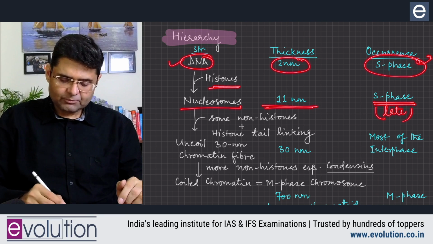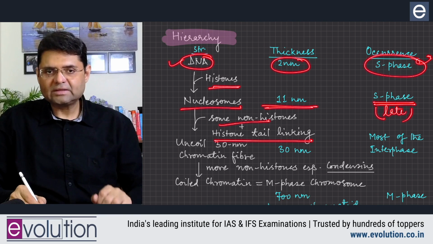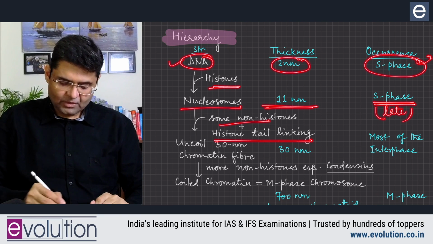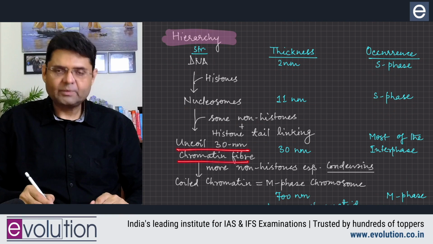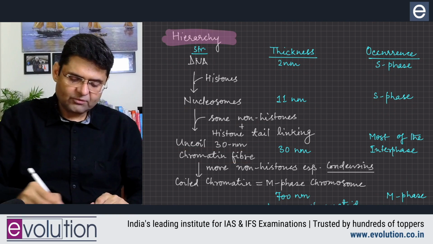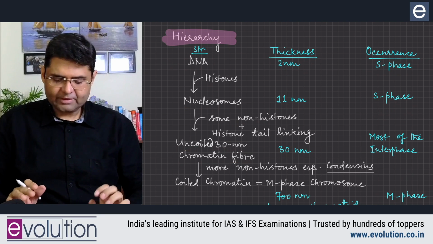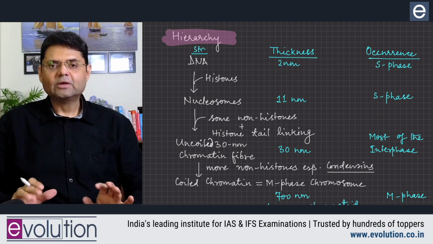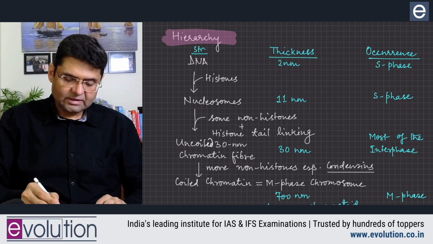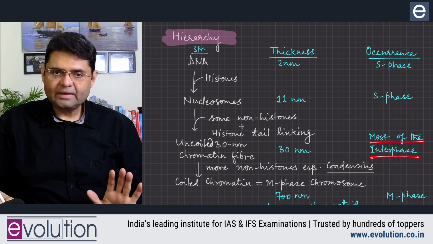After that, some non-histone proteins will bind and histone tails will link with each other, and that will make the uncoiled 30 nanometer chromatin fiber, the normal chromatin fiber. For most of the interphase, it is the 30 nanometer chromatin fiber that will exist.